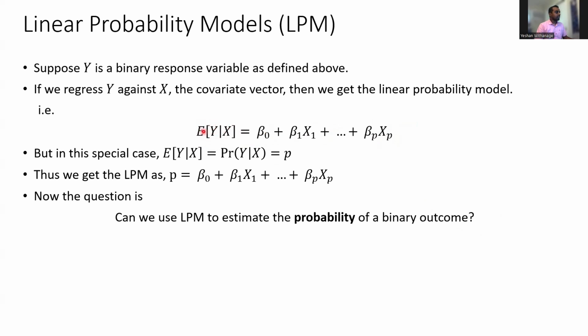And when we replace this conditional expectation with the probability, we get the linear probability model. So it says that we can estimate this P by using a linear combination of predictors or regressors. So this linear model is very easy to interpret, but the problem is, is it correct? Can we really estimate the probability by using this linear probability model? So what do you think?